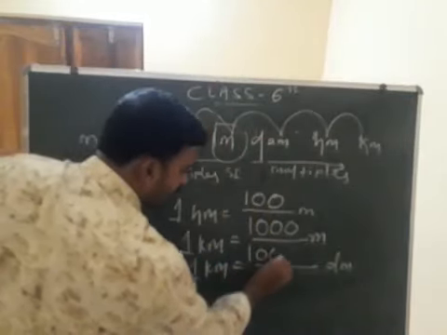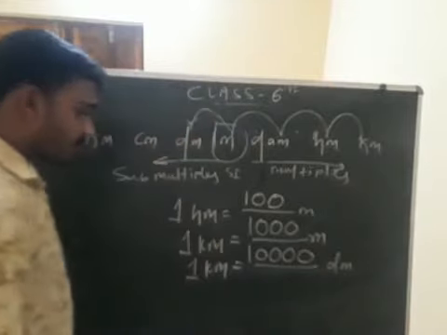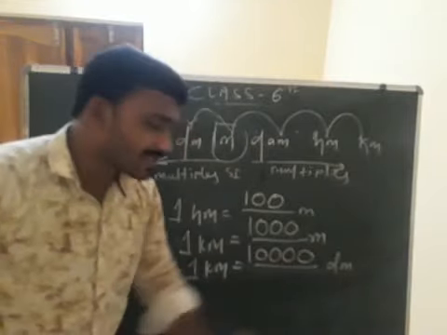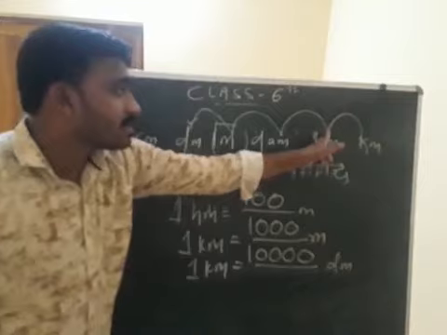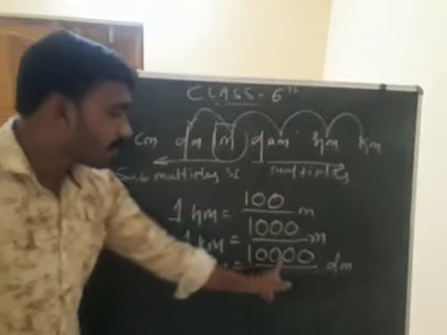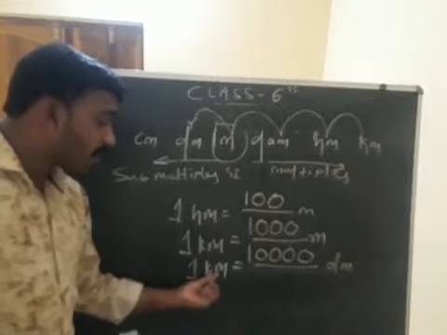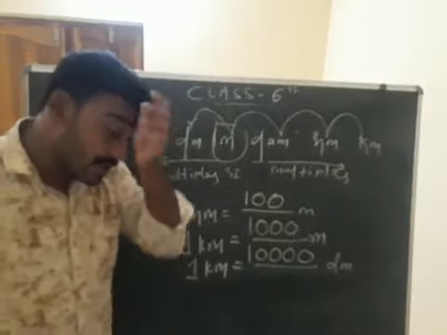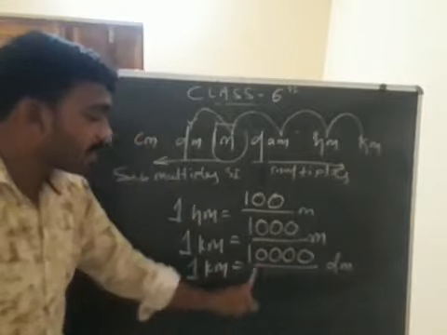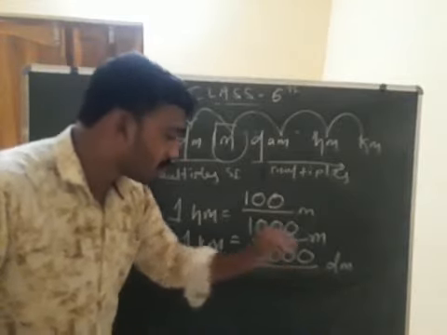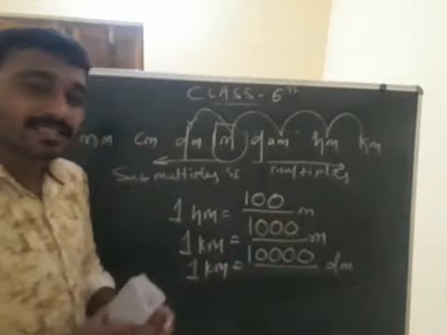In 1, how many 0s? 4 zeros. So 1 kilometer is equal to 10,000 decimeter. Suppose the question asks 5 kilometer is equal to decimeter. After 5, you will write 4 zeros, so 50,000 decimeter.